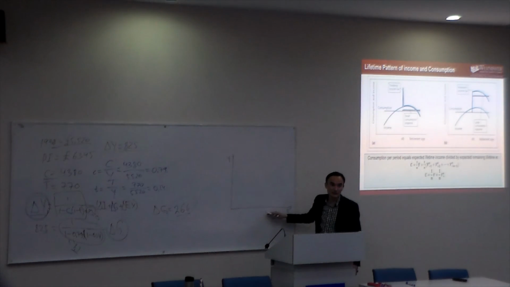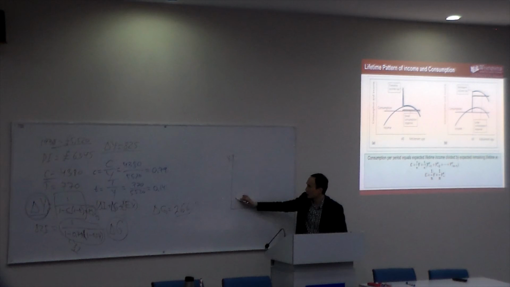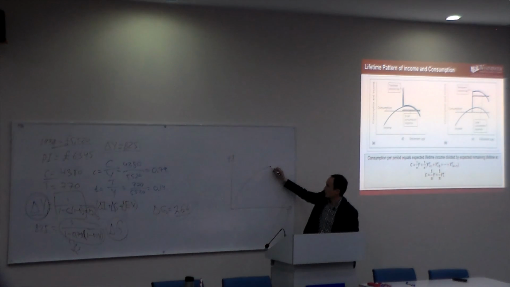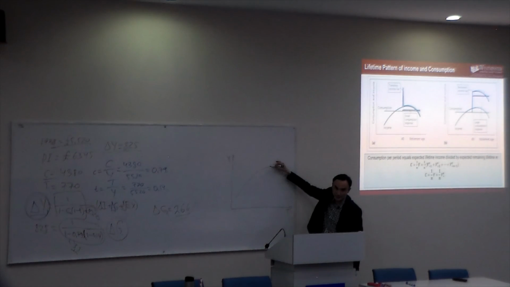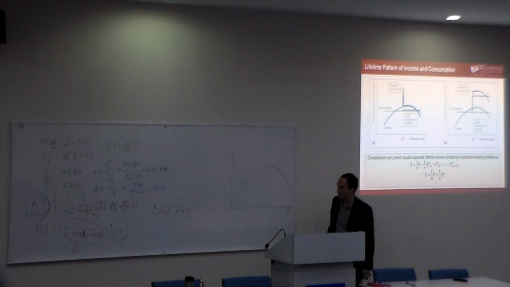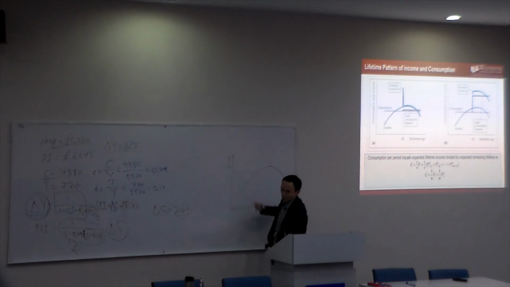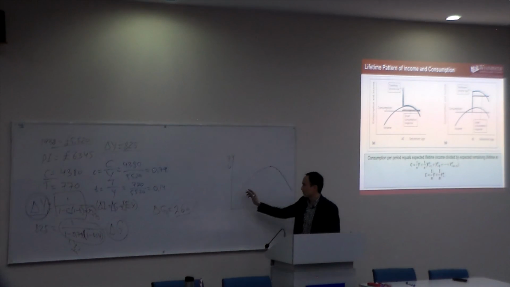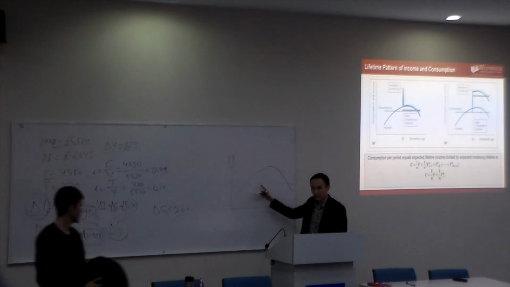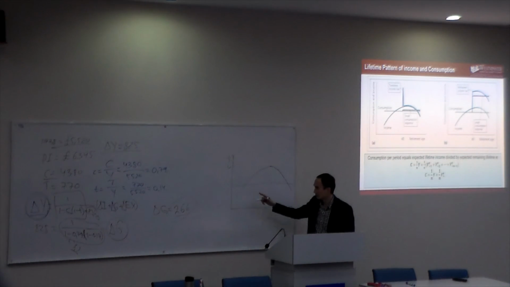With growing age, right? Our income tends to increase, up to some point. Then once people become less economically active, income is going to go down, right? Okay. What about consumption? On average, people consume that much. Consumption level. Alright?